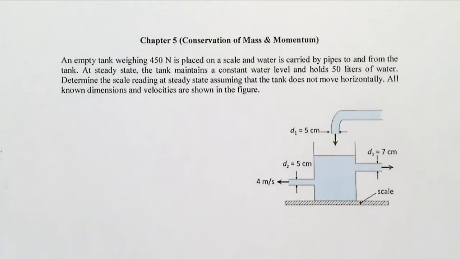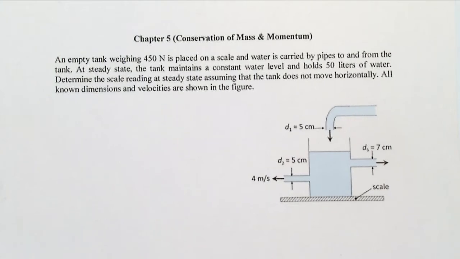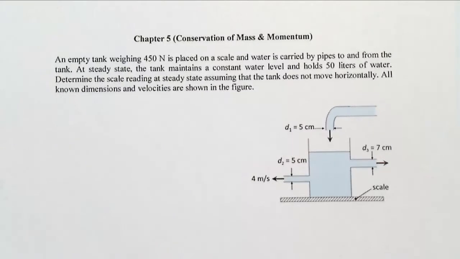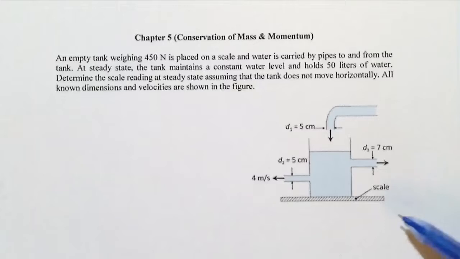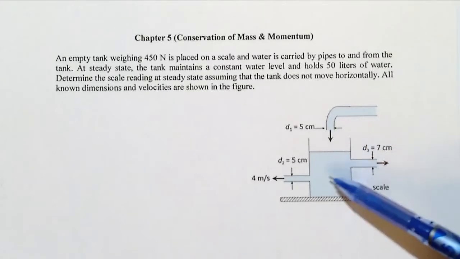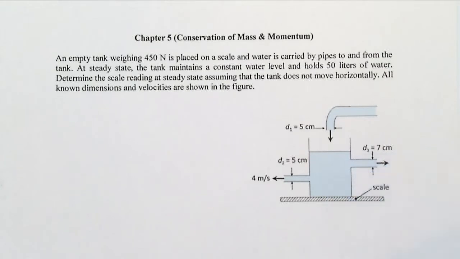So let's go solve three questions here, and I will show you how you can analyze a control volume and solve questions. The first question is a tank that you see here. The flow comes in from the top and goes out from two outputs that you see in these two parts.